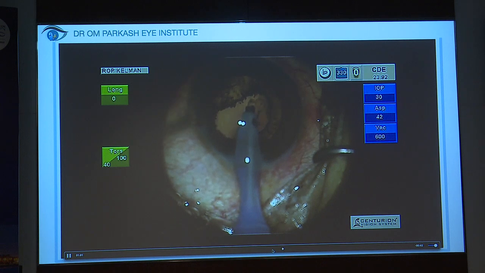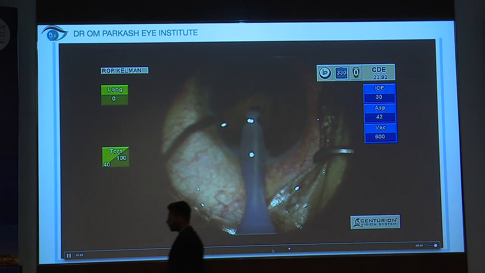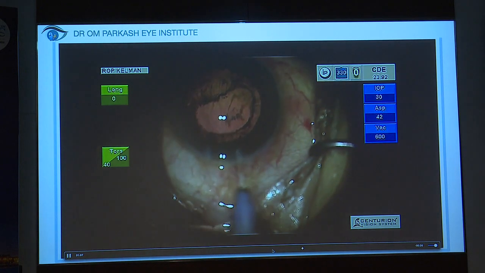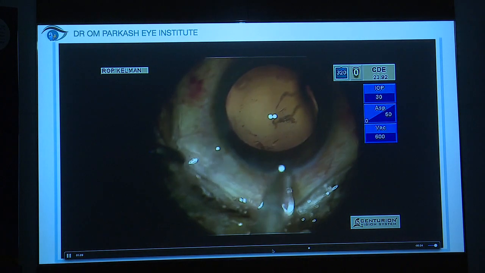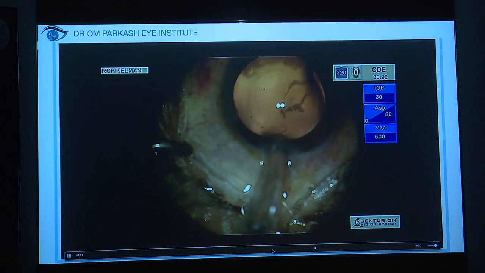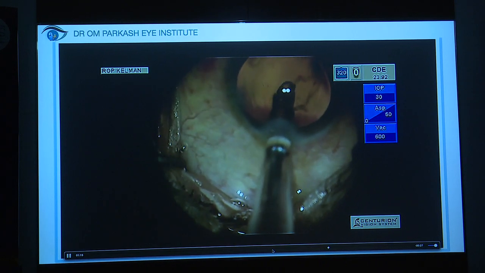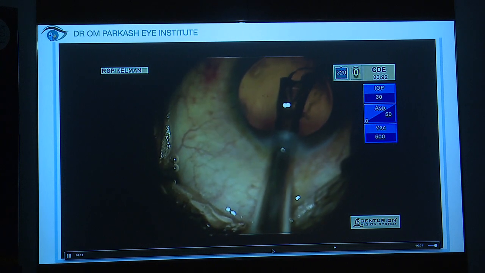So before taking out the phaco probe, always inject viscoelastic in the AC so that there is no fluctuation in the anterior chamber pressure. You can see the pre-existing PCR. The IOL was injected into the bag as it had not extended.